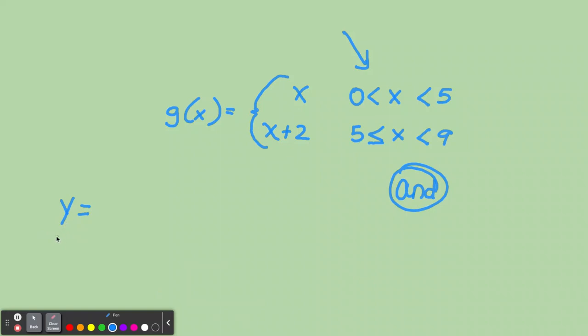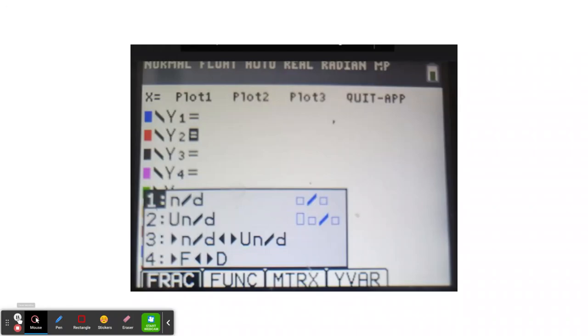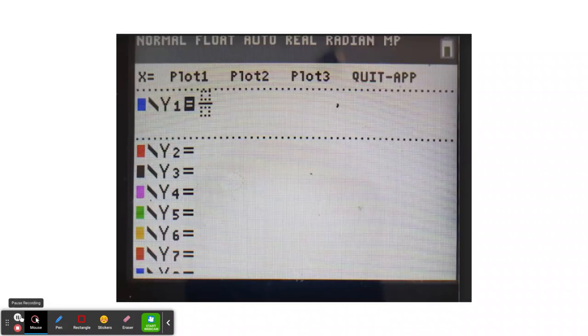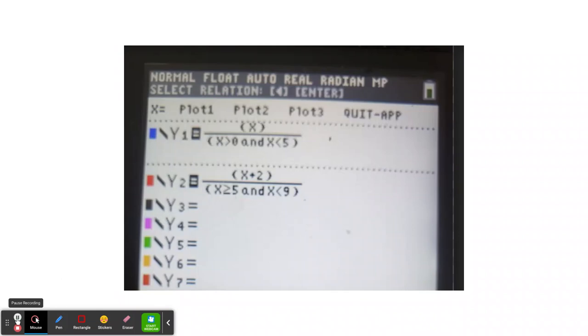You're going to press alpha y equals, and that sign will come up. So let's go back to that. So make sure that comes in, right? And then you're going to get that fraction bar, and you just do the same steps. Here's the fraction bar. Now this is what it would look like, but I'll show you how I got the "and."